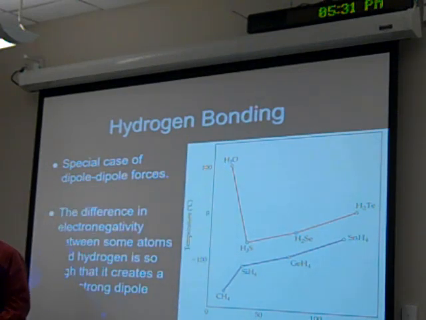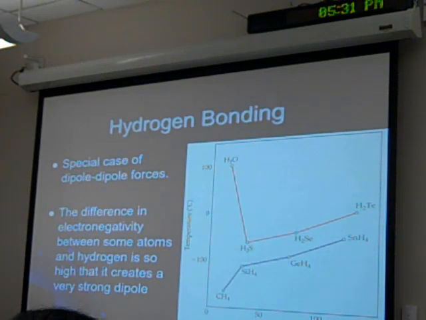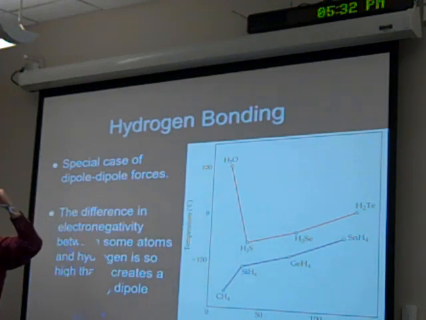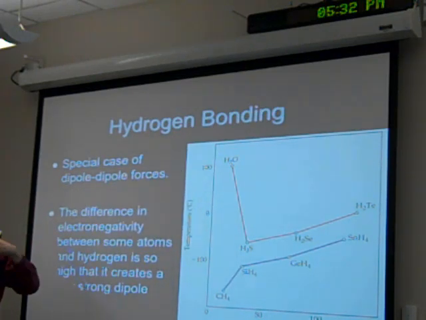So hydrogen bonding is really kind of a special case. It's more than just simply a stronger version of dipole-dipole forces. It actually forms a sort of pseudo-partial bond, and that gets an extremely increased value for intermolecular forces. Does that make sense?